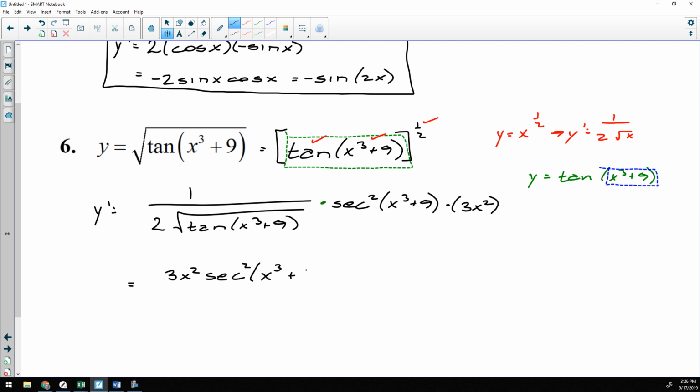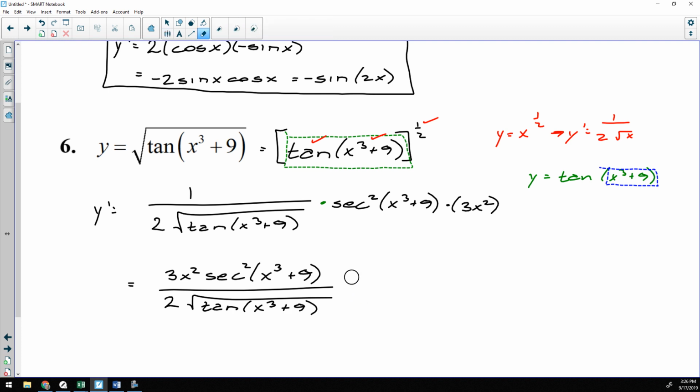Secant squared of x cubed plus 9 over 2 square root of tangent of x cubed plus 9. And that was a booger. That was a chain inside a chain. And that is when derivatives really start to get hazy and weird, is when they start to layer and stack on top of each other.